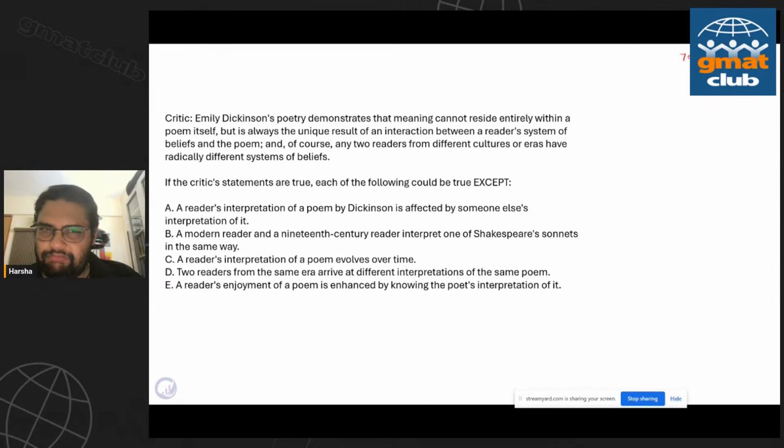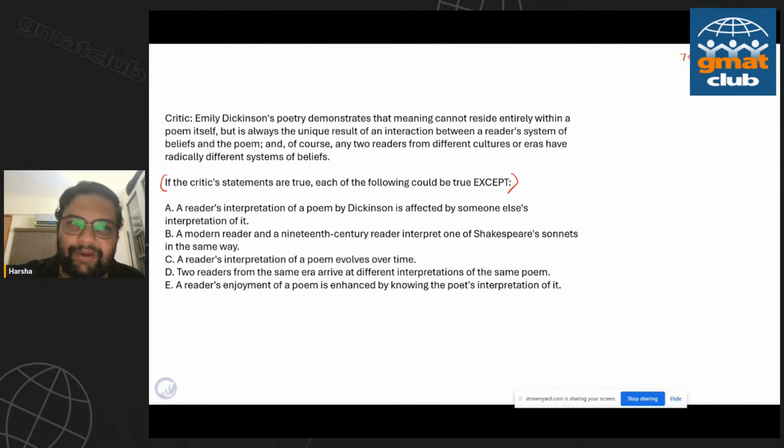Now, this also is definitely not an easy question, though it looks very small and tiny. But firstly, I hope all of you took my advice and read the question stem carefully. Whether it is DI or CR or RC, I emphasize this with everyone I work with. Don't just jump to the choices. Always look at what this question is telling you.